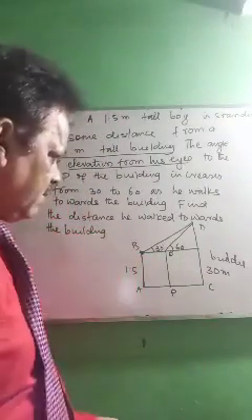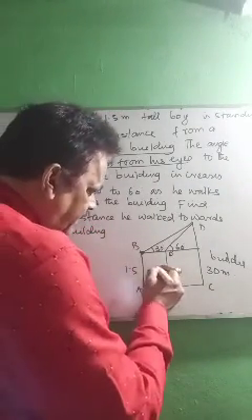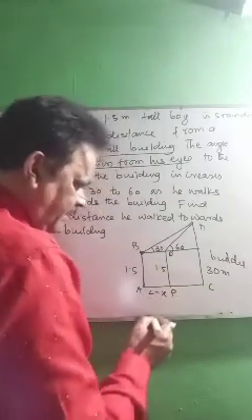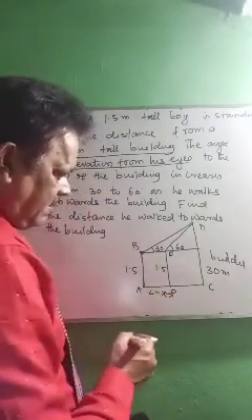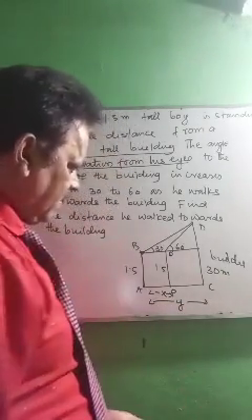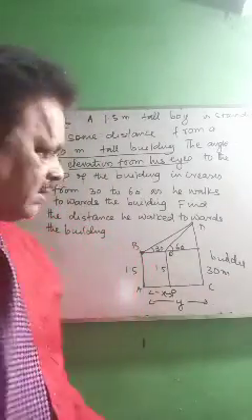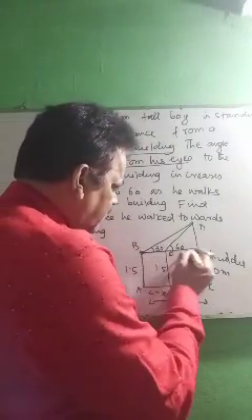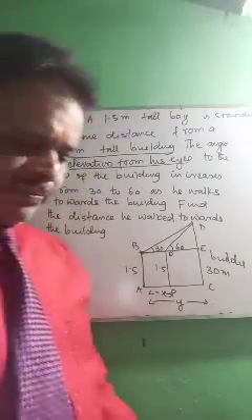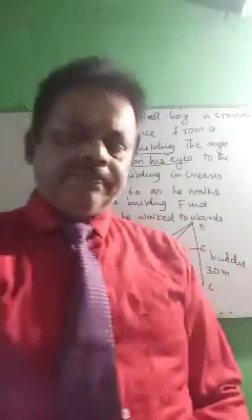Okay now. If this is 1.5, this is also 1.5. This part is suppose X, and total is Y. If this total is Y, this is also Y. This is suppose E point. So how to solve?